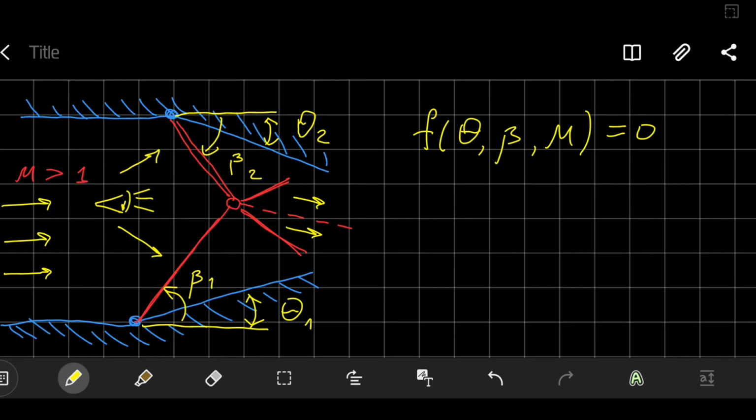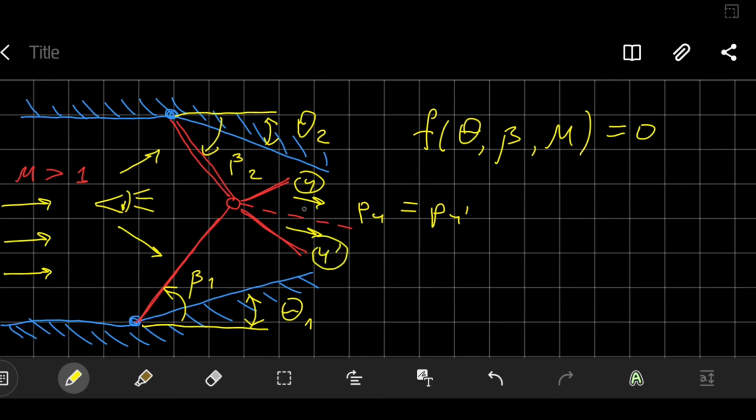Calculation of the flow properties in the region of the shock wave intersection can be done if we take into account the following conditions. First, the pressure on the upper part of the reflected shock wave region P4 would be equal to P4 prime, where the region 4 is on the upper side and 4 prime is on the lower side.